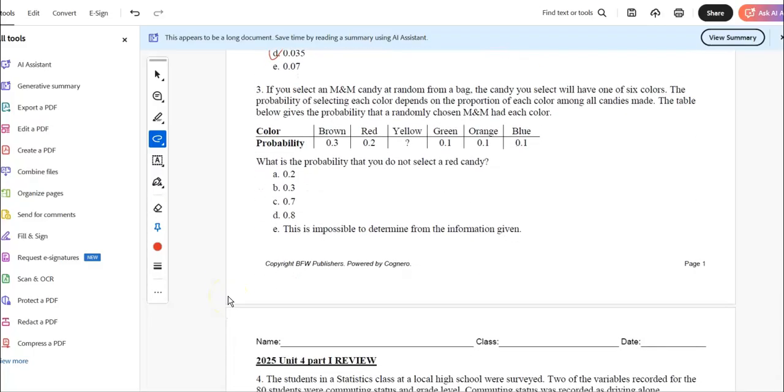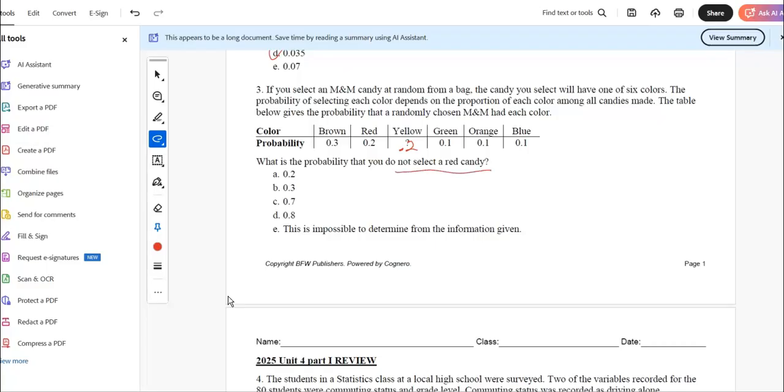If you select an M&M candy at random from a bag, okay, so first let's just fill in the blanks here. So that's 0.5, 0.6, 0.7, 0.8. So this one's 0.2. That's not the answer to the question, but it is something we probably need. What's the probability that you do not select a red candy?